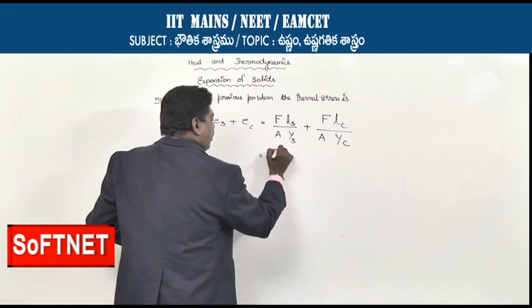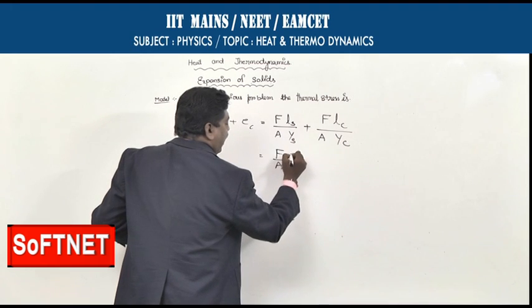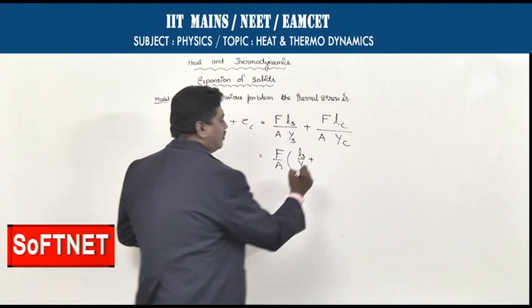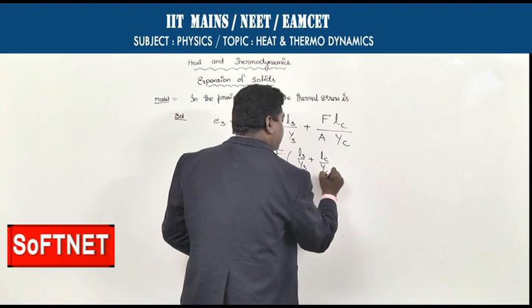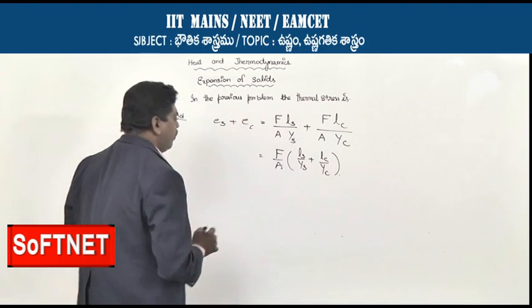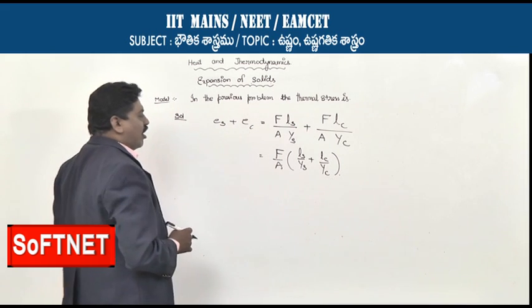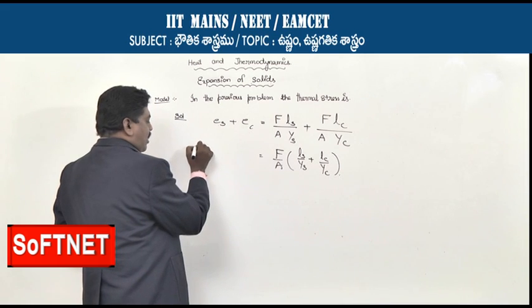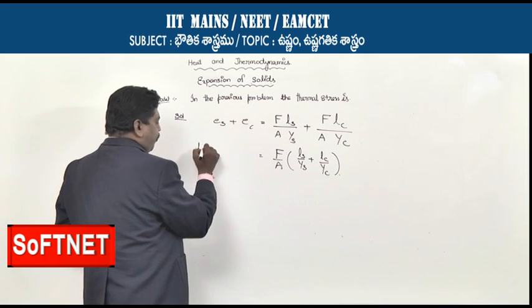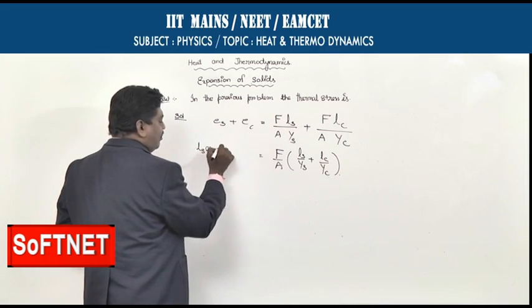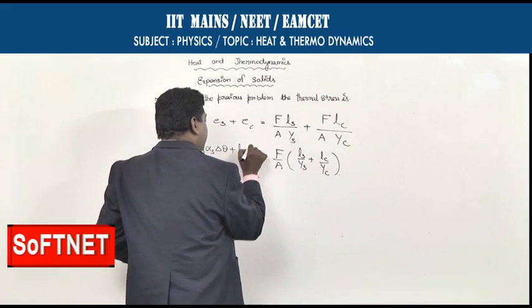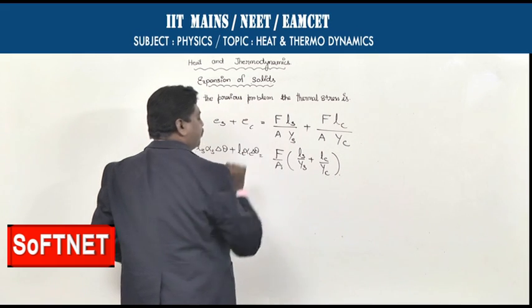In this, when I take F by A common, I will get Ls by Ys plus Lc by Yc. And the expansion is also given as Ls alpha s delta theta plus Lc alpha c delta theta.